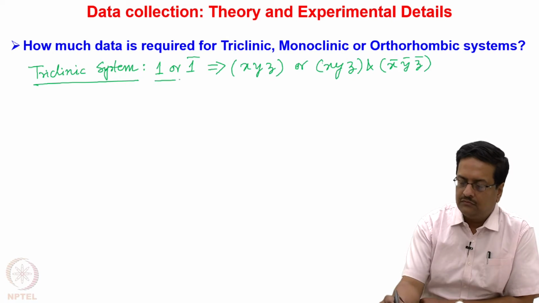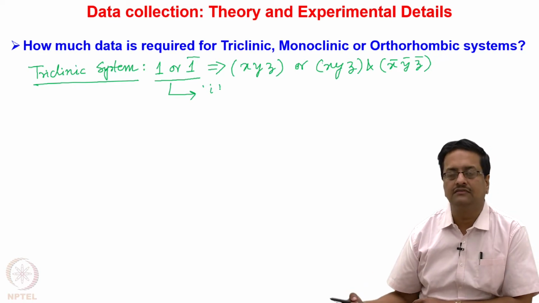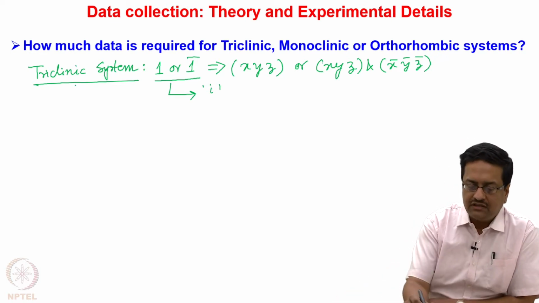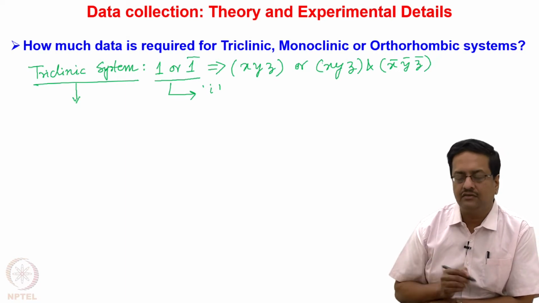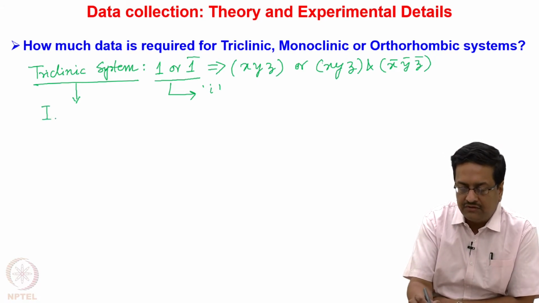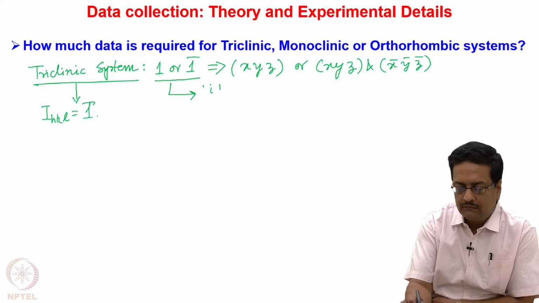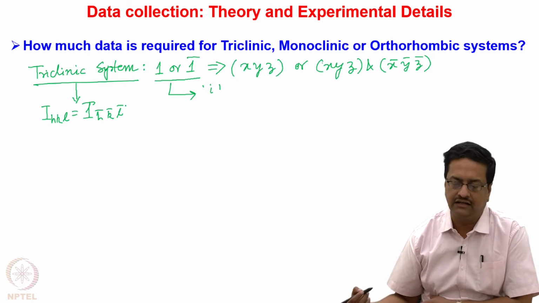So, this means we have only a maximum of inversion symmetry. So, in case of triclinic, the only symmetry that the intensities can have is Friedel's law, and no other symmetry is present in case of triclinic lattice.